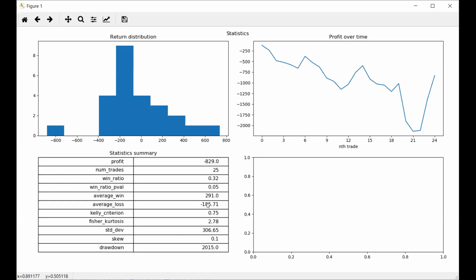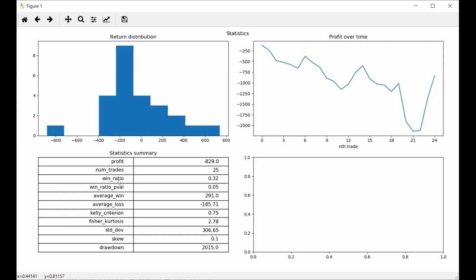Right. Okay, so Kelly criterion. Okay, I think I need to fix that. Does anyone know what Kelly criterion is? Okay, nobody answers. Kelly criterion is a metric used to measure what percentage of your portfolio you should put into an investment based on the statistics.